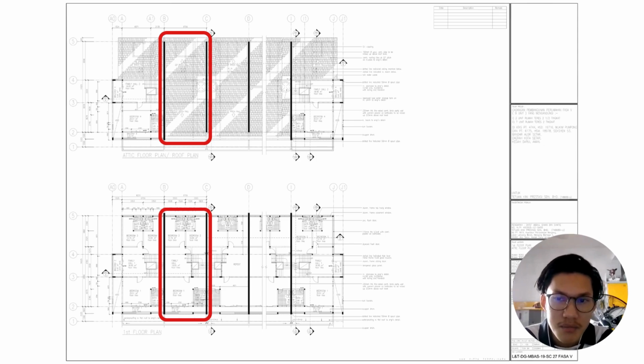The structural elements such as column and load-bearing walls are aligned directly above the ground floor, which is ideal for precast structural system and ensure the efficient load transfer.